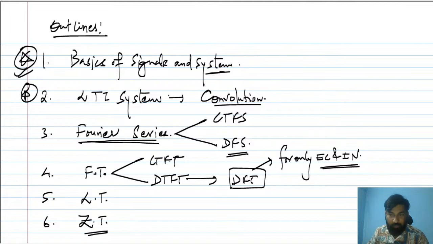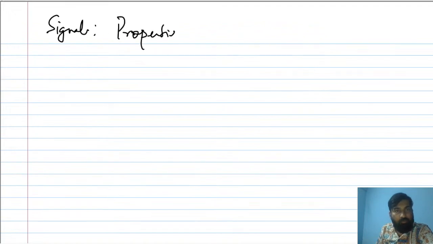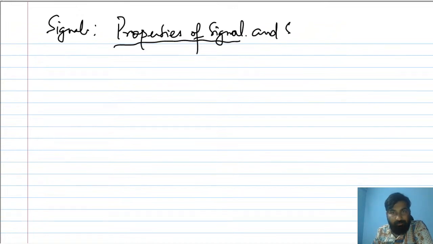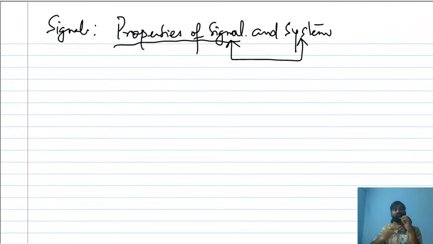In signals and systems, we will talk about the properties of signals and the properties of systems, and how signal and system interact with each other, right?